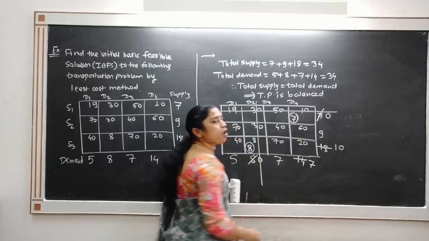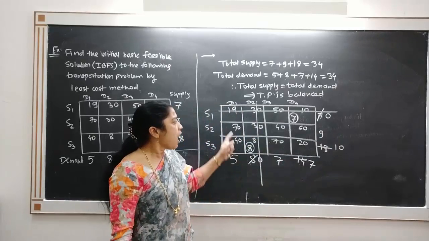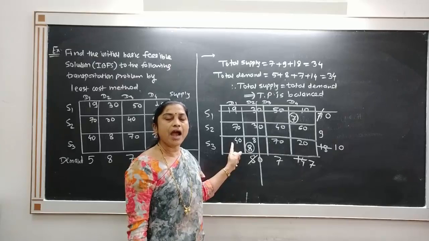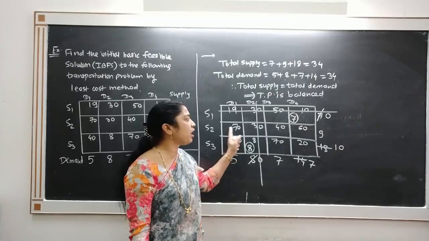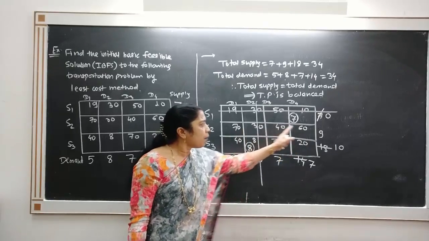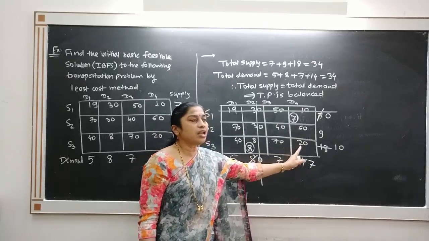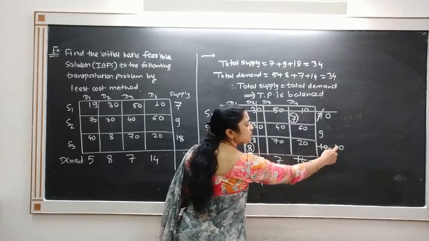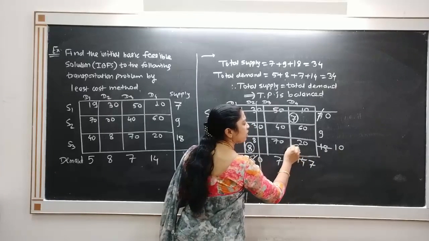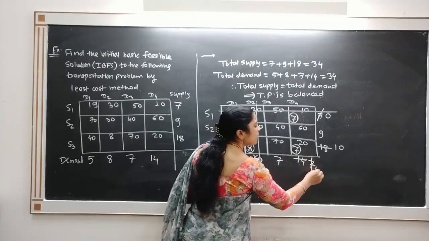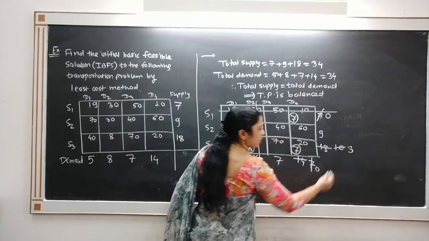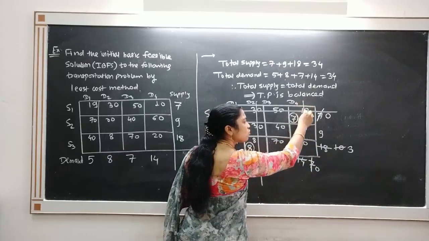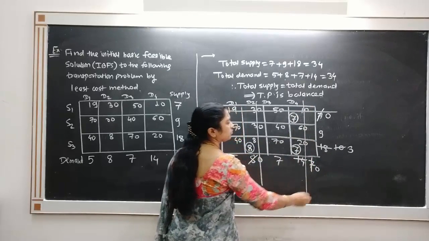Again among the uncrossed rows and columns, the least element is 20. Allocate the minimum of 7 and 10, that is 7, remains 0, remains 3. Because the column has demand 0, this column is crossed out.